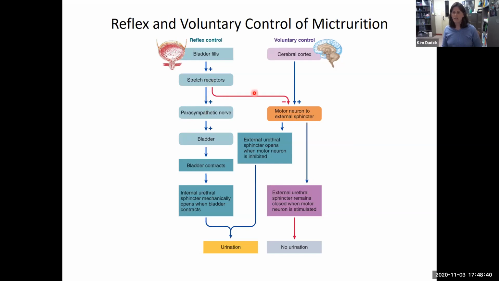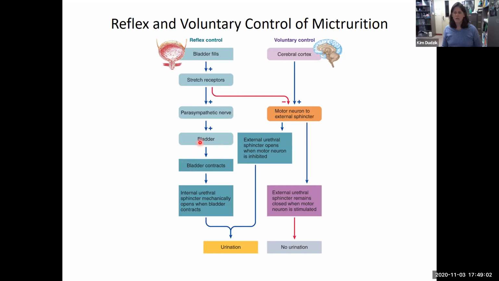That can cause a couple different things. You've got parasympathetic nerve acting on the bladder, causing the bladder to contract and causing the internal sphincter to open, and then your external sphincter will open too. And you get urination, okay?